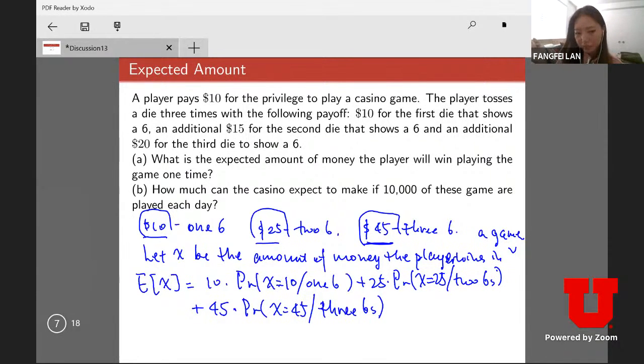Does this make sense? You're starting to see how it works. You're basically saying how important this value is to the average.